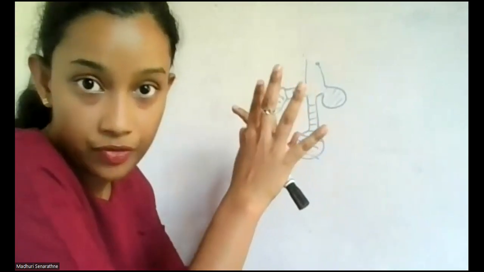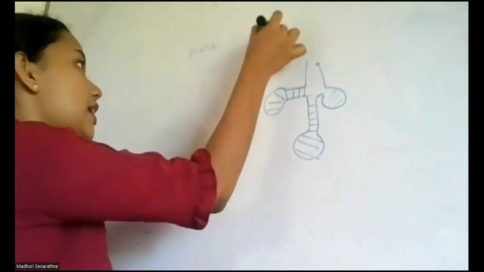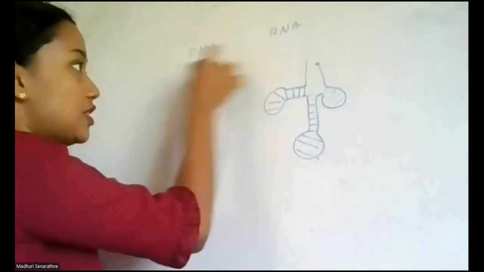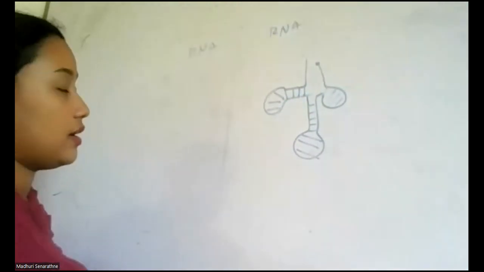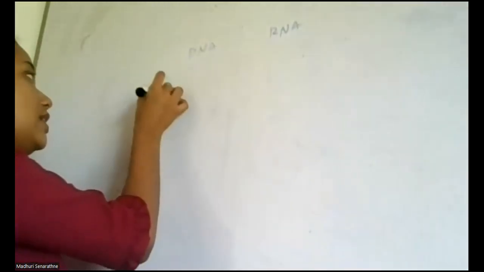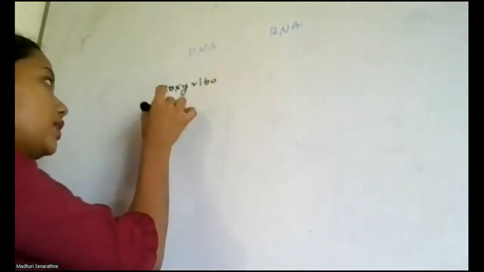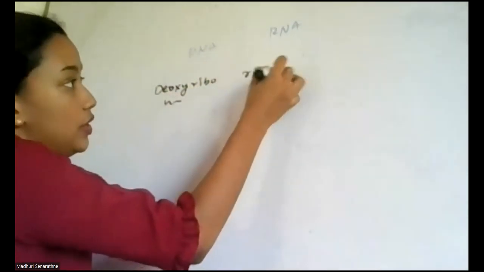Clear? First, the differences between DNA and RNA. What is the first difference? In DNA it is deoxyribonucleotide, here it is ribonucleotide.